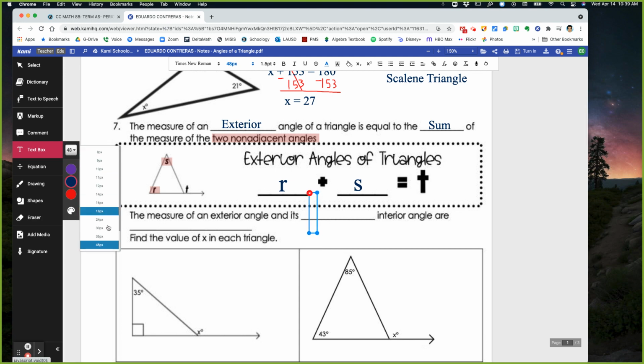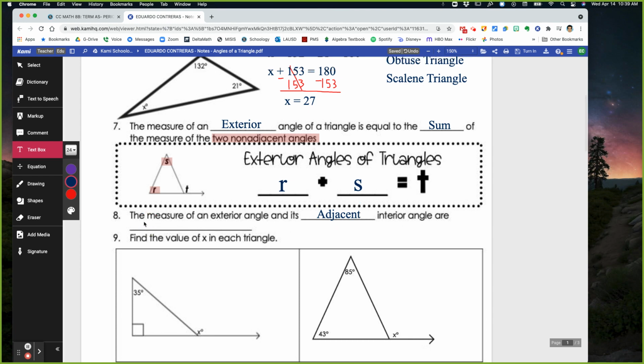Let me bring this back down to 24. The word here I want is adjacent. So the measure of an exterior angle and its adjacent interior angle are supplementary. We all know supplementary means adds up to 180. Okay.